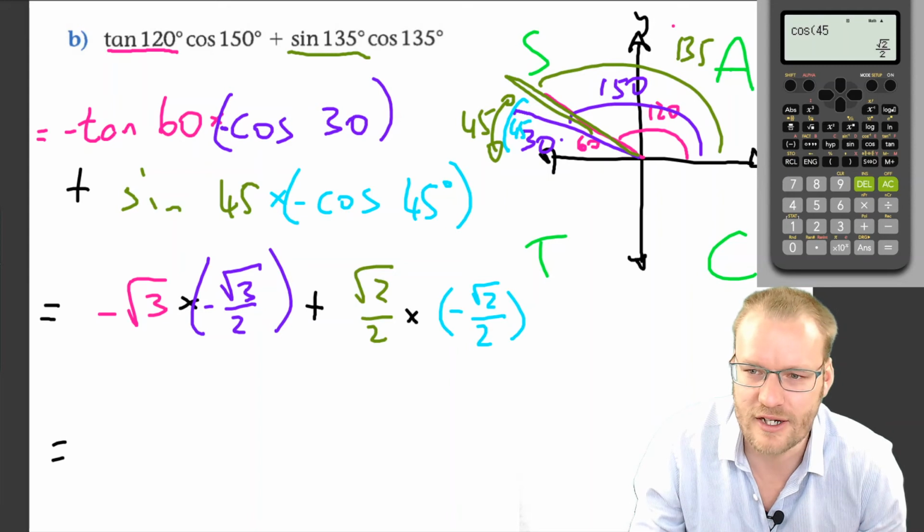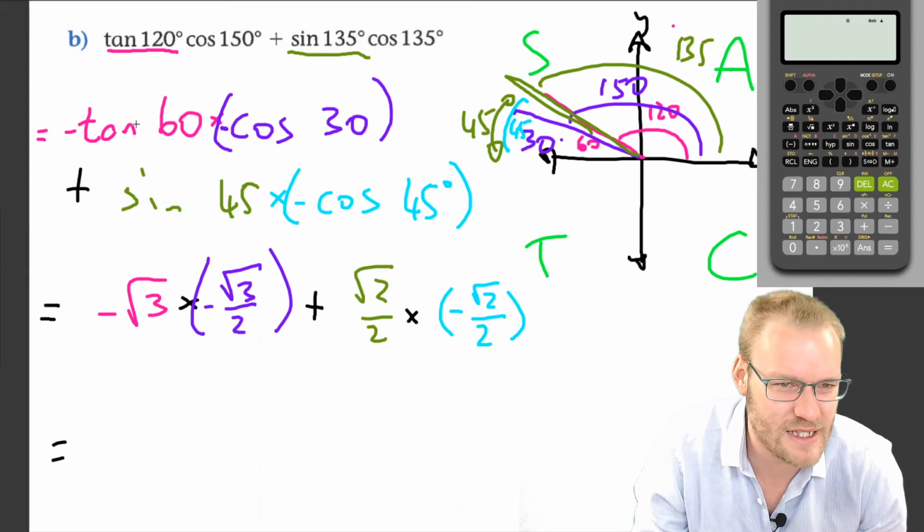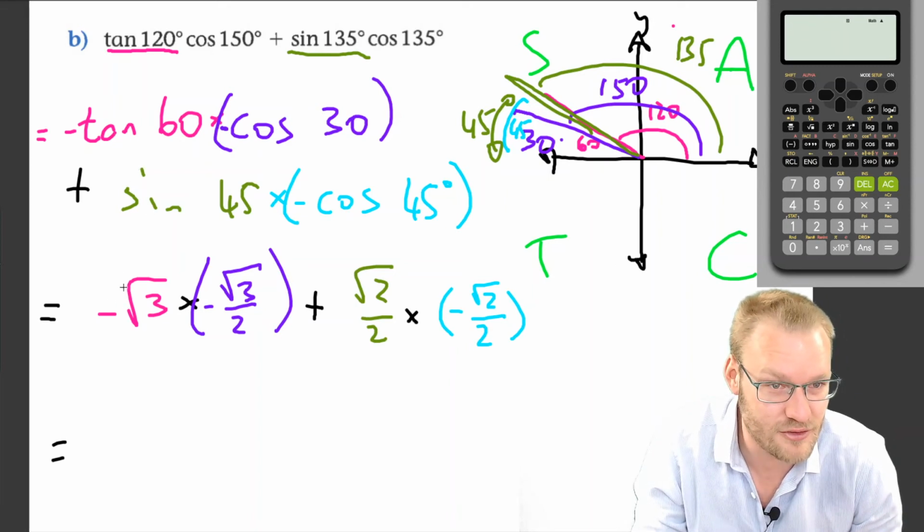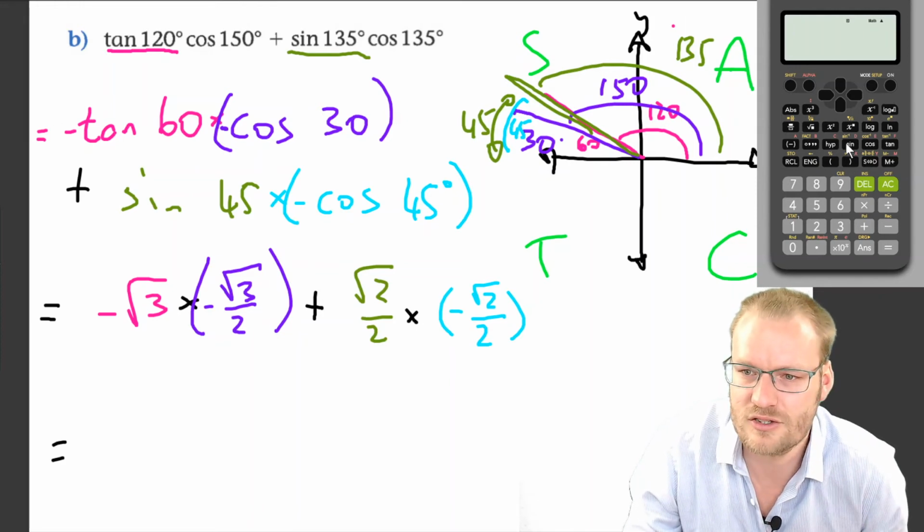Now let's put this long expression into our calculator. The important bit was that tan 60 gave you negative root 3, and so let's do it.